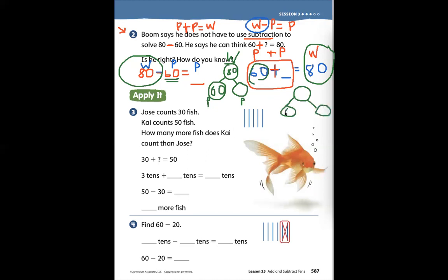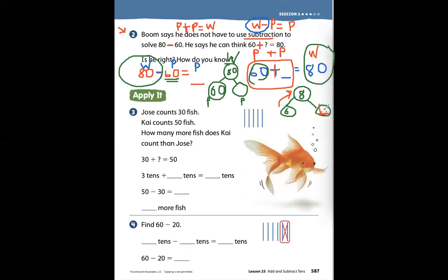If I have 6 tens and 8 tens as my whole, I can count on from 6 up to 8. 6 tens plus how many more tens equals 8 tens? 6 tens, 7 tens, 8 tens, right?